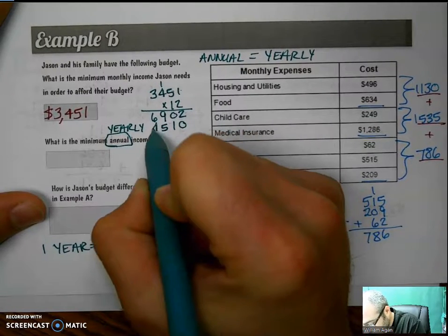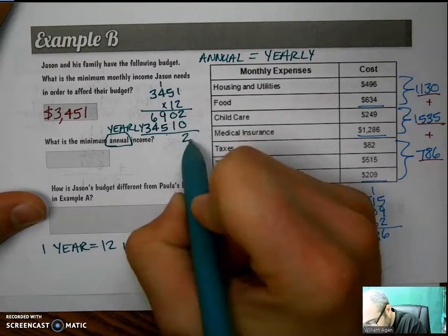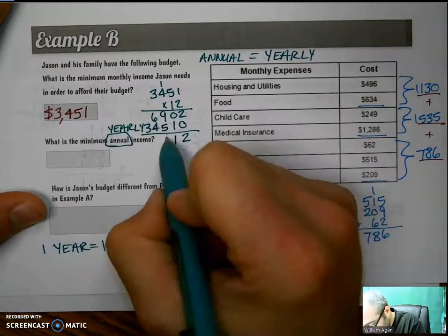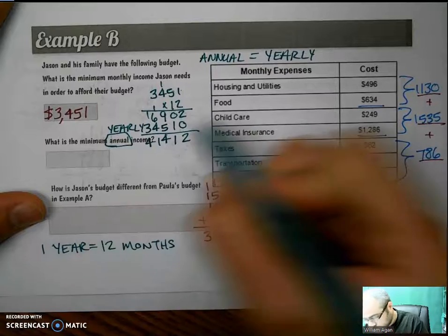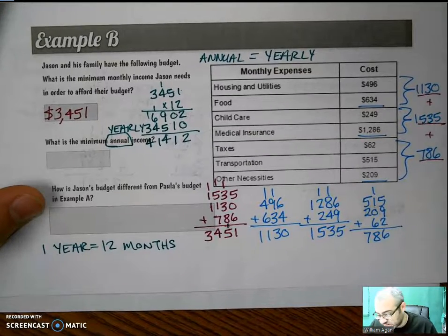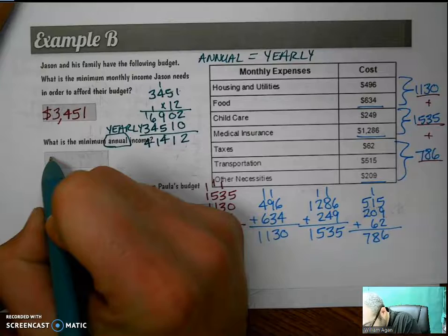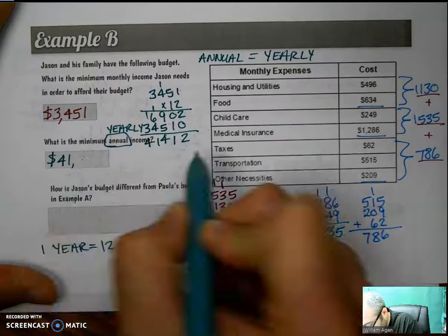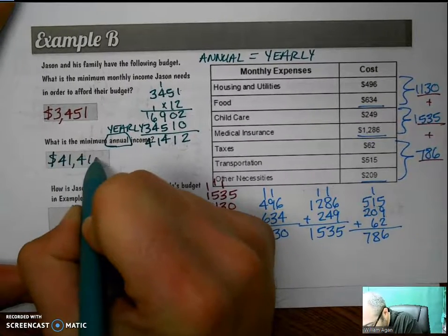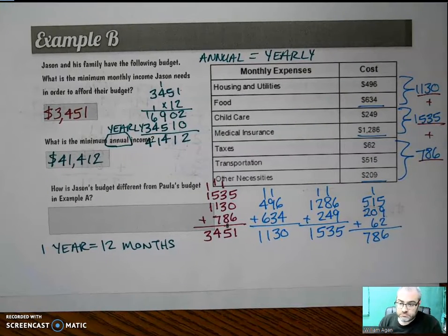I hate it when I run out of room. Okay, so I got 41,412. That's how much money he needs every year in order to pay for all of these expenses.